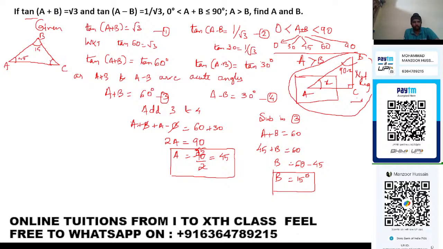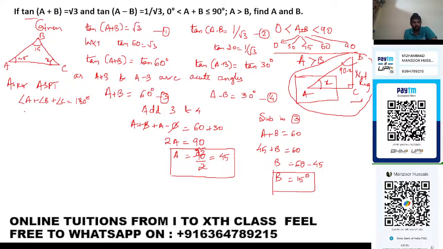As per the angle sum property of a triangle, angle A plus angle B plus angle C is equals to 180 degrees, because the summation of all the angles in a triangle gives me 180 degrees.